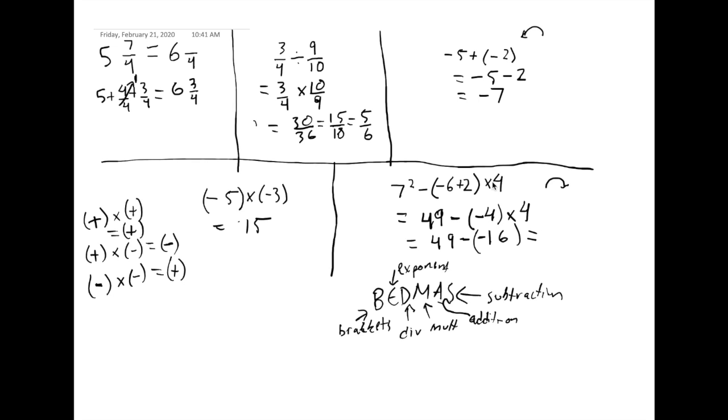Minus times a minus is a positive. So what we end up with is 49 plus 16, which is equal to 65, which is our final answer. Sorry, let me just rewrite that. 65.